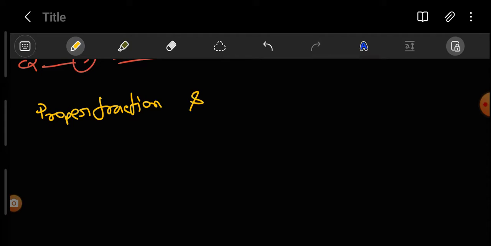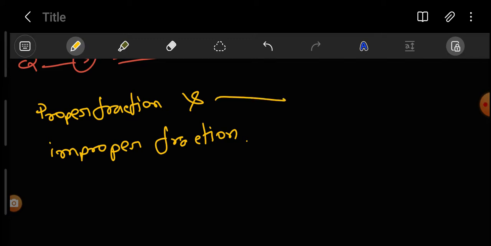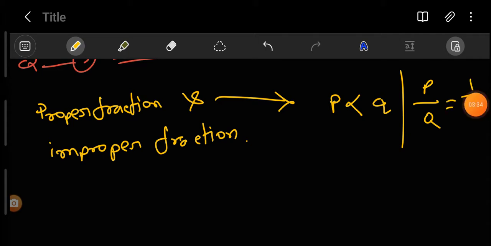In case of a simple fraction, that is a proper fraction, P will be less than Q. That means we have here P by Q, and the value of P will be less than the value of Q. One example is 1 by 3.